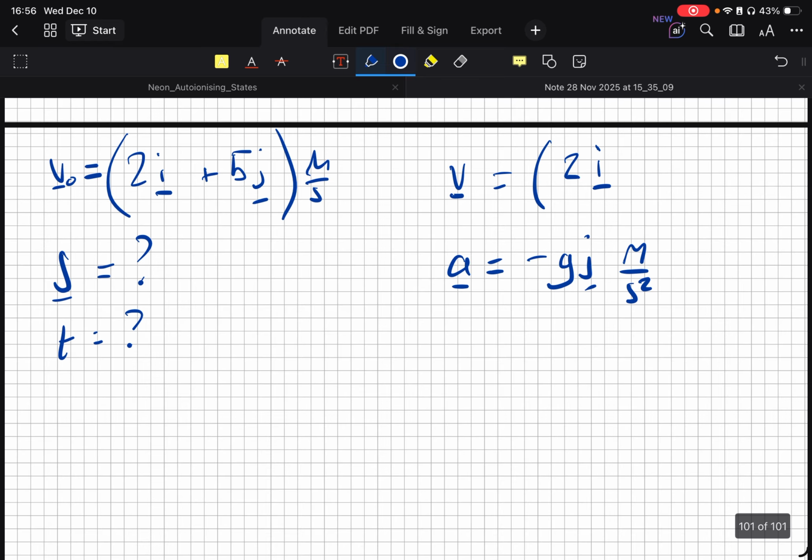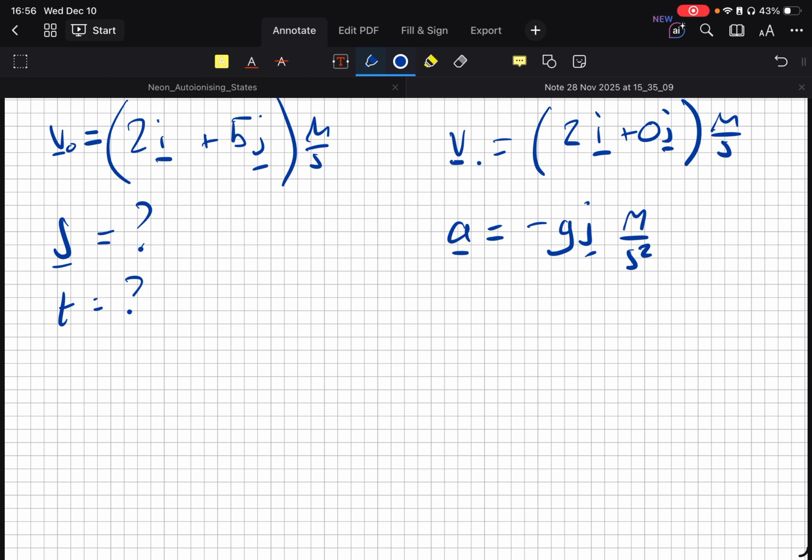So for this initial part of the problem that we need to solve, this is the y component of our velocity. It's 0j meters per second. And so now we can go about attempting to solve this problem. So in order to do that, let's first of all calculate what's the time taken to get to this point in the motion. So let's do that with v equals u plus at, because that then will give us everything we want.